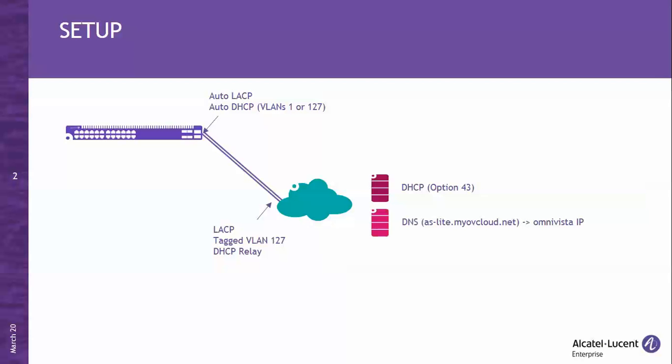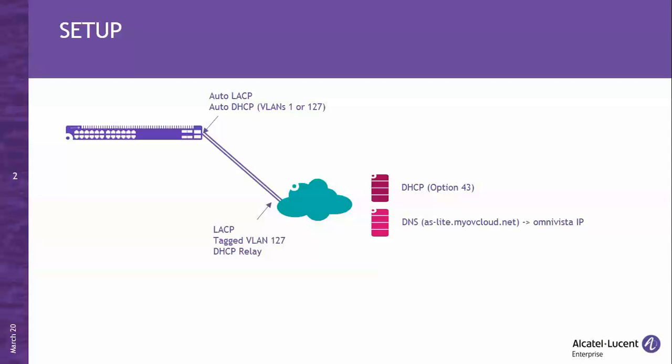But in a nutshell, setting this option will instruct the switch to use as-light.myovcloud.net as the activation server. Then on the DNS server, we need to create an entry for as-light.myovcloud.net, and this entry has to resolve to the OmniVista IP address. Again, all details are in the tech brief.